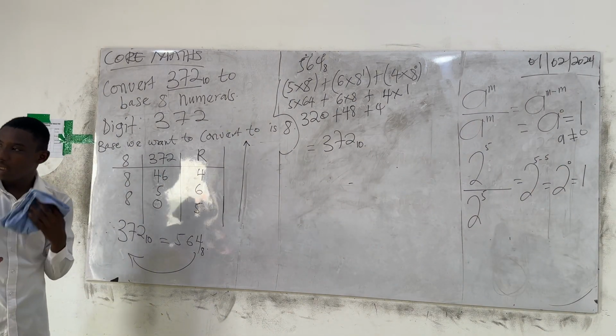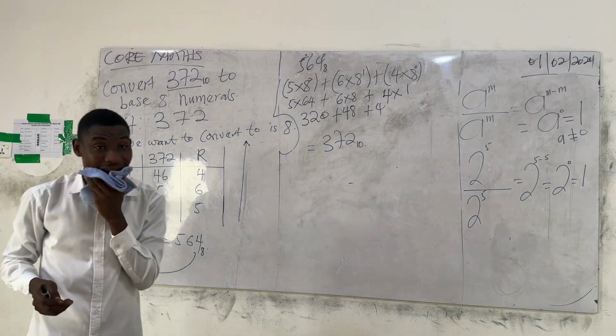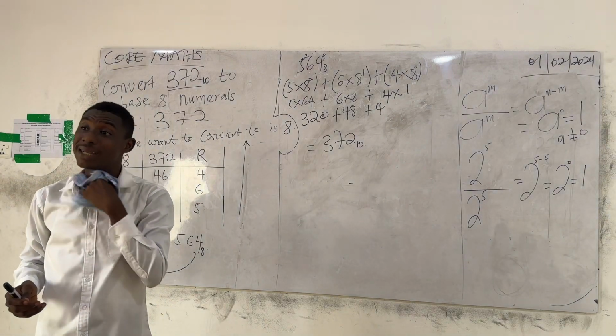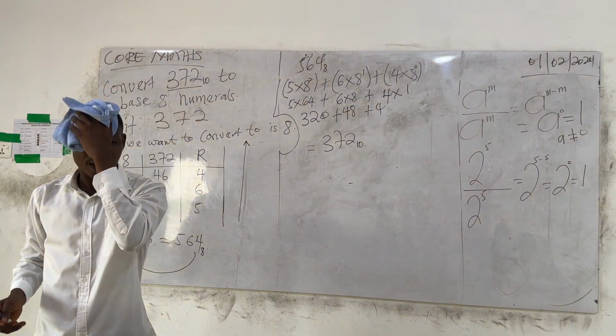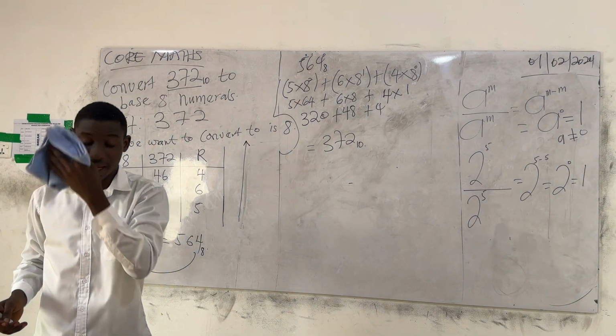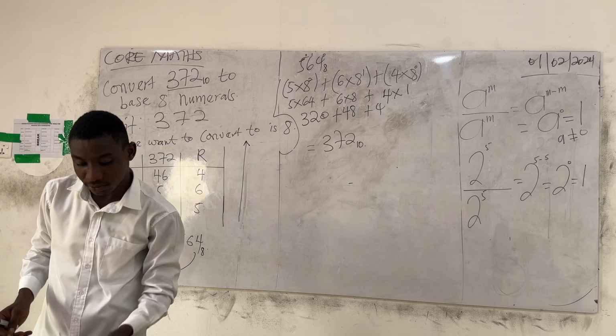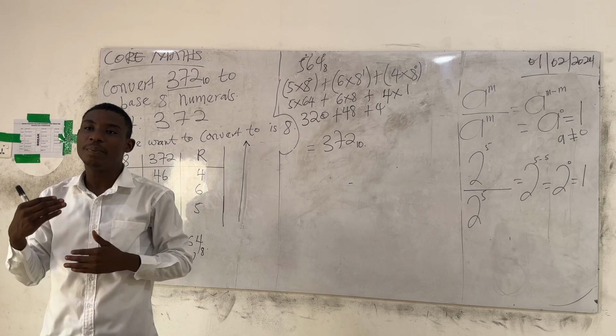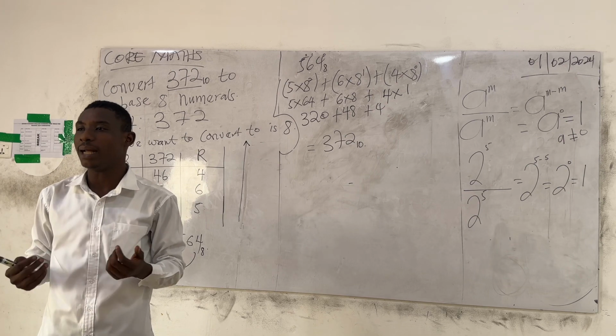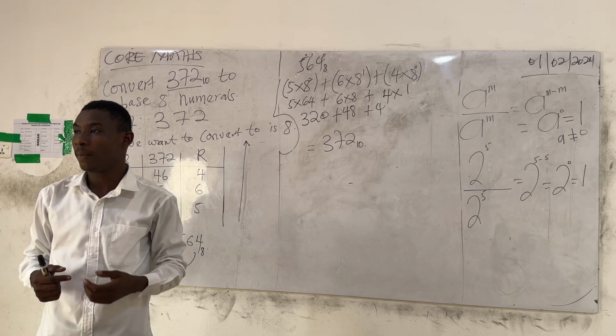I always keep on telling you that math is cumulative learning. If you are truant, understanding math will be very difficult for you. If you are consistent and you keep coming, there is no way you cannot get it.